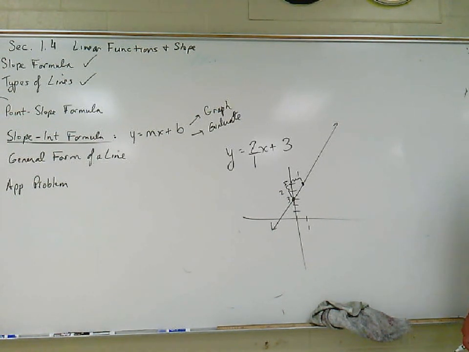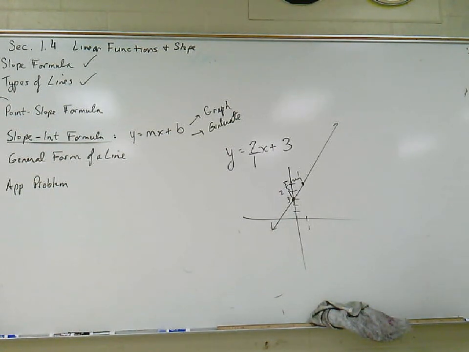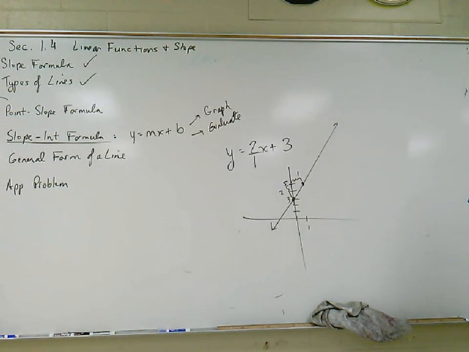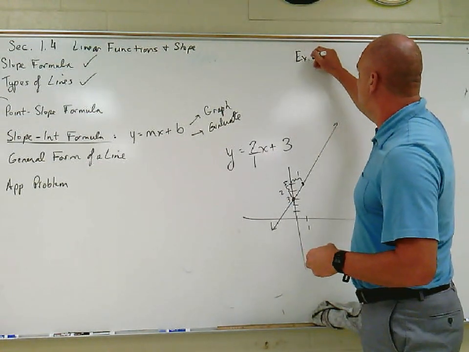All right. Typically, you might be given a slope and a point, not necessarily the y-intercept, but you need to find the equation. So maybe I'm given this. We'll call this example 1.